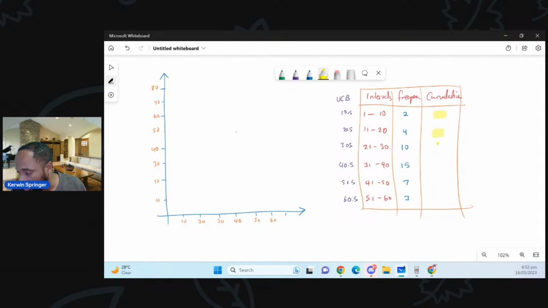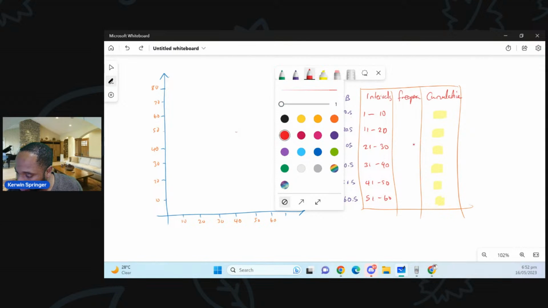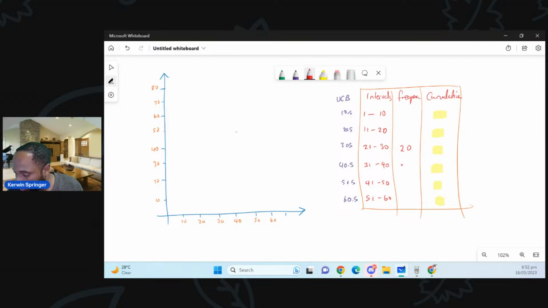You need to get the cumulative frequency as well. So how do you do the cumulative frequency? I just made up these values here, and I should really make up values that will add up to 80. So I want to erase these values and use values that I know would add up to 80, because I want to go up to 80. Let's say about 20 there, 20 and 20 is 40.